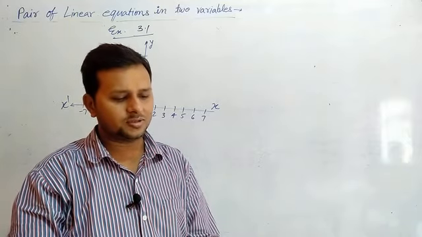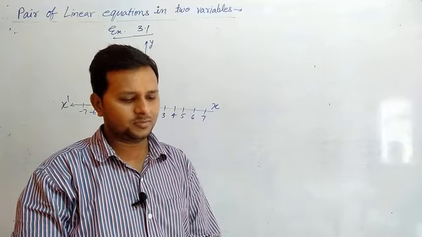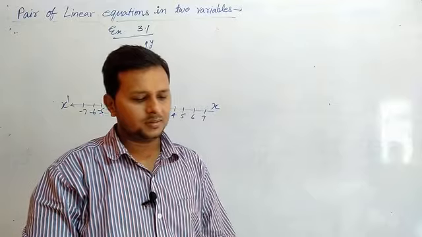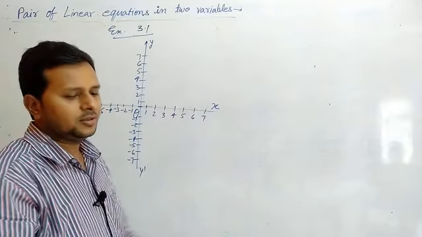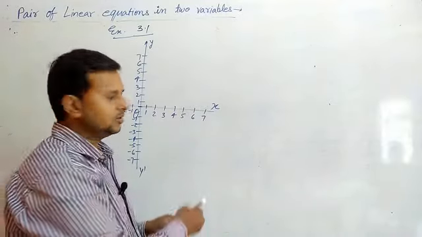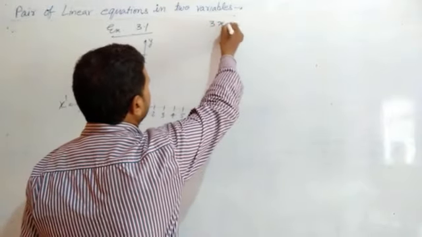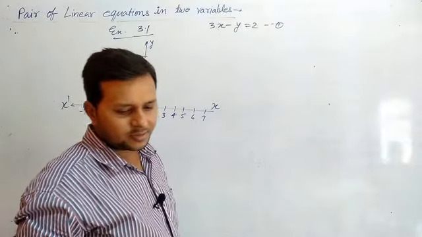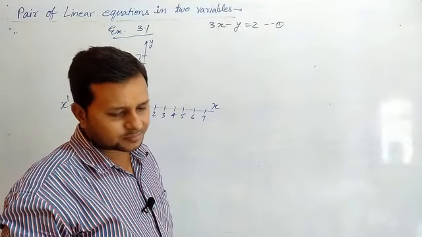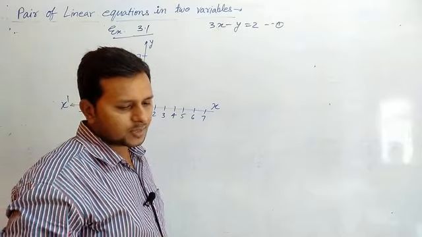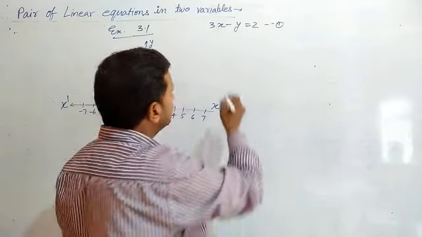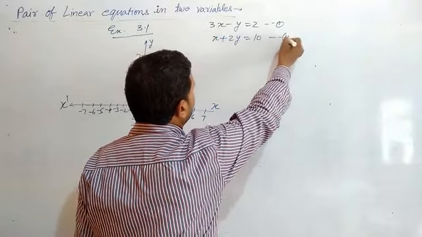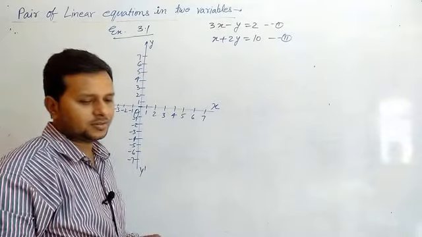It is easy to understand, and one question will be completed. Suppose the question is 3x minus y is equal to 2. This is equation first. After that, x plus 2y is equal to 10. This is equation second.